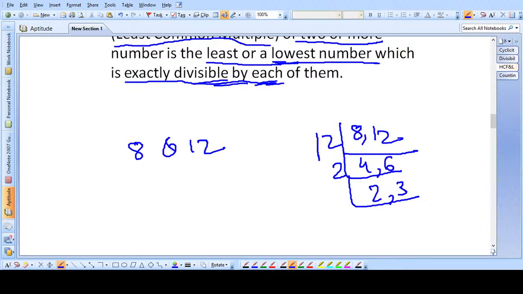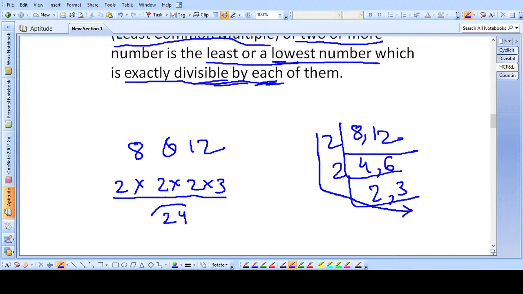So take all the numbers which are in the ladder as well as the last ones: 2 cross 2 cross 2 cross 3. How much is this? 2 cross 2 is 4, 4 cross 2 is 8, 8 cross 3 is 24. So you can see that both 8 and 12 can divide this number, and this is called the least common multiple.